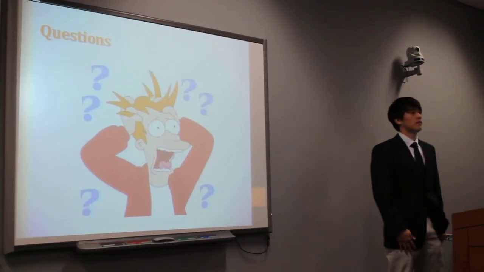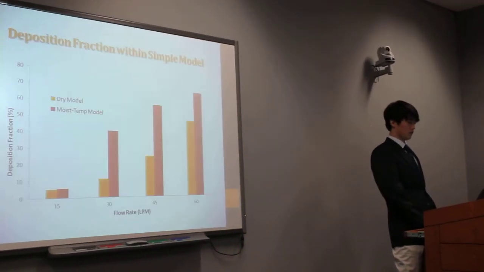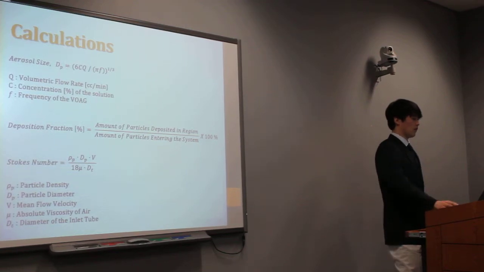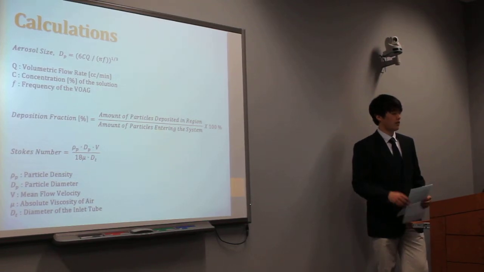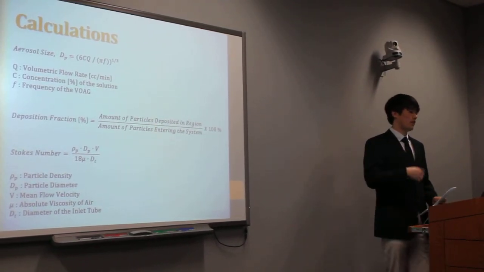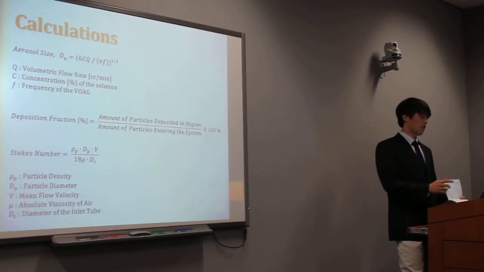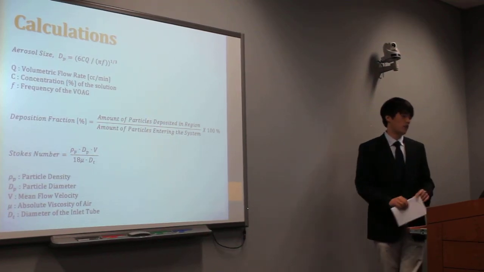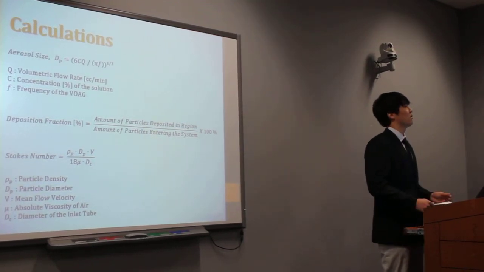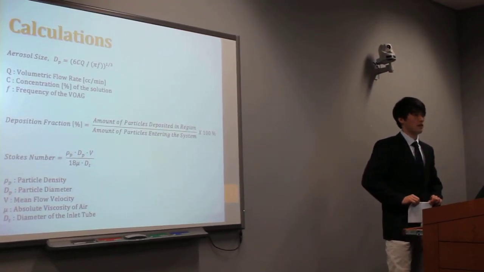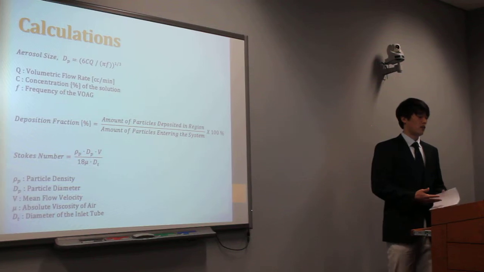What is the Stokes number? As I said, it tells you the characteristic of the particle in a fluid flow, with the particle density, particle diameter, mean flow velocity, absolute viscosity of air, and diameter of the inlet tube taken into account. Basically, if the Stokes number is high, that means the particle is under the influence of inertia.